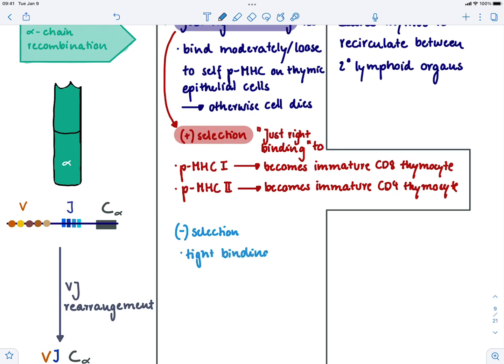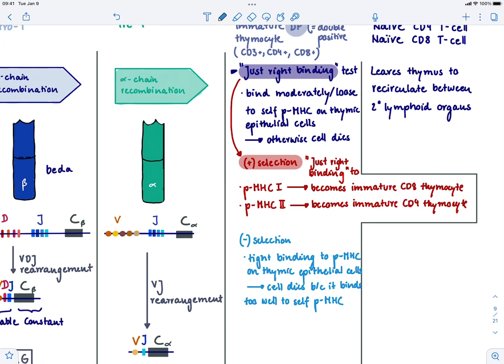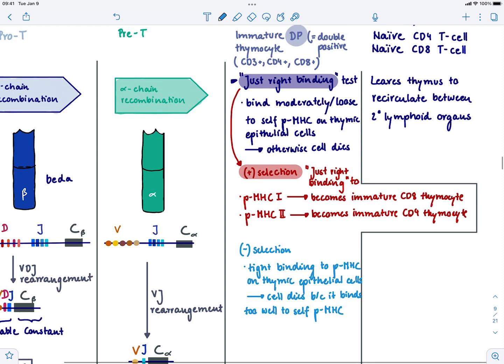So if there's too tight binding to peptide MHC on a thymic epithelial cell, the cell should die off. It binds too well. In our test analogy, I have to pass this test, but I should also not be too good. I should obviously get the principles, but I should not receive honors.